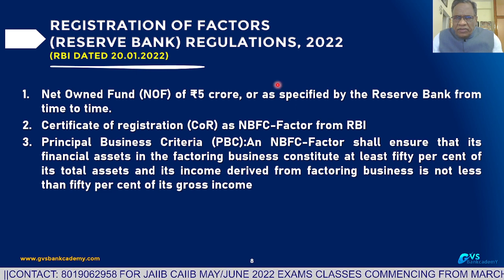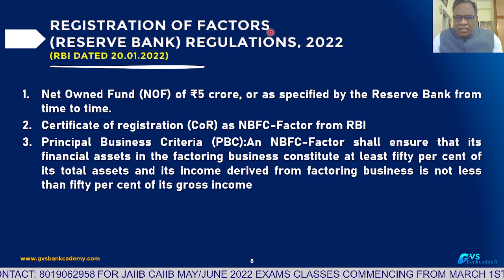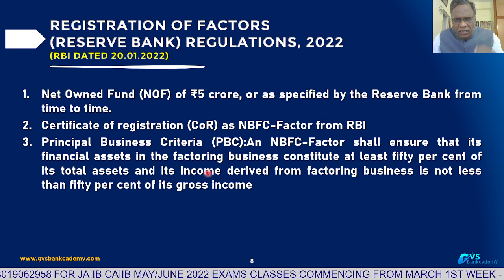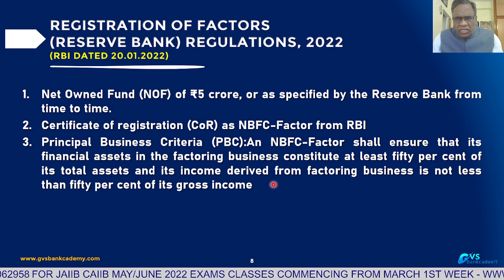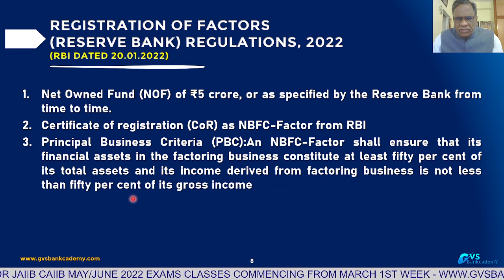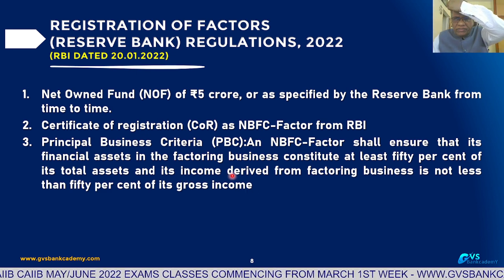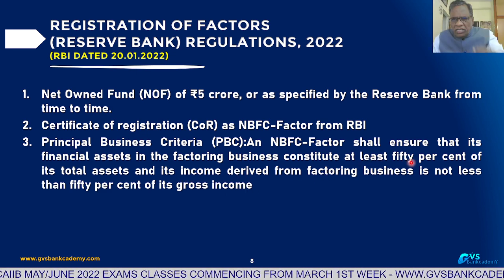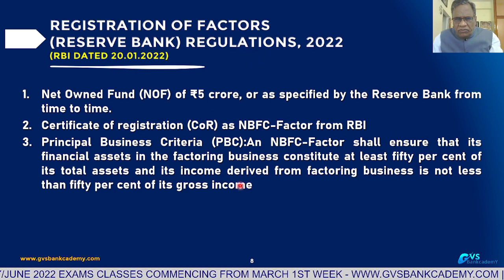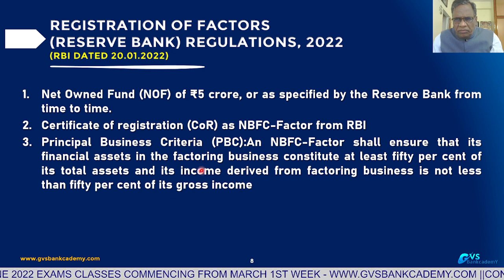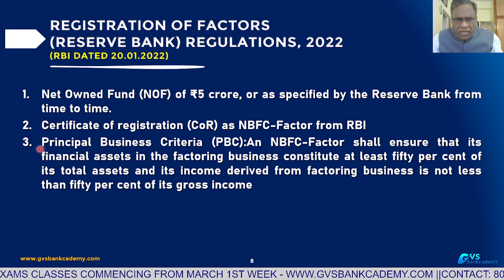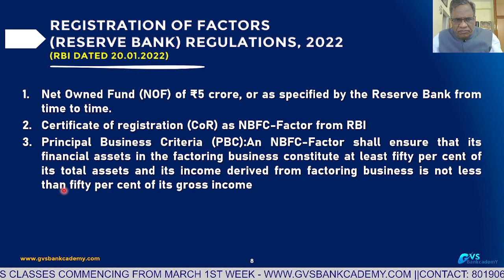And its income, in its P&L account, derived from the factoring business is not less than 50% of its gross income. So out of total assets, not less than 50% from factoring business, and out of gross total income, minimum 50% from factoring business. This is the main definition for a factoring company.